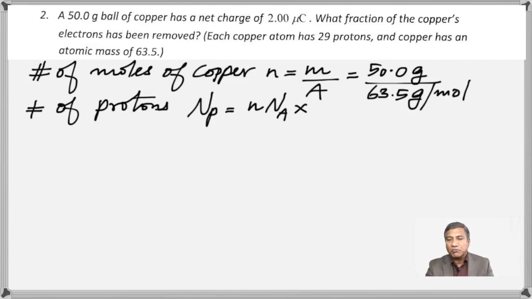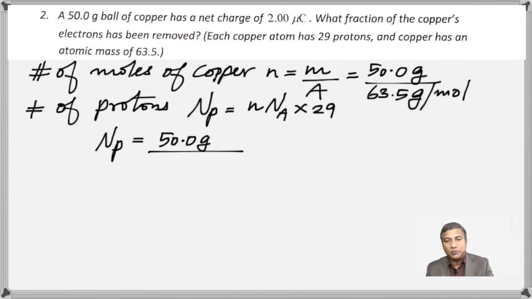But then if you multiply that number of moles with the number of atoms in 1 mole, you get the total number of atoms. For that, you go number of moles times the Avogadro number. What is the Avogadro number? The Avogadro number is the number of atoms in 1 mole.